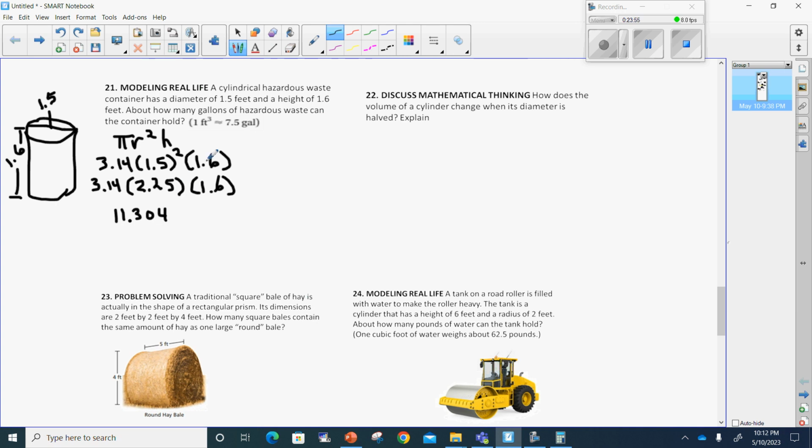All right, so remember, this was in feet cubed. We're saying that one of these feet is going to be equal to this, right? So that puts us at 1 foot is equal to 7.5 gallons.